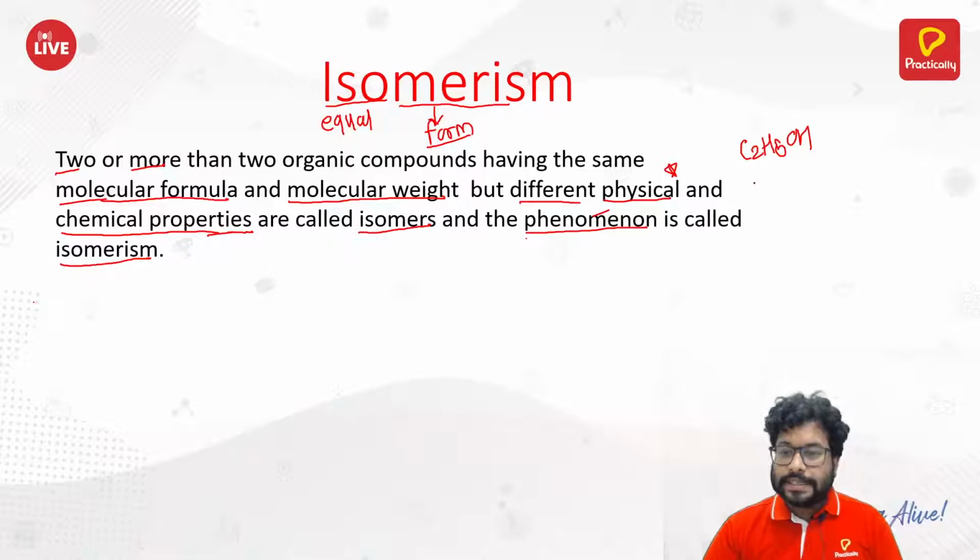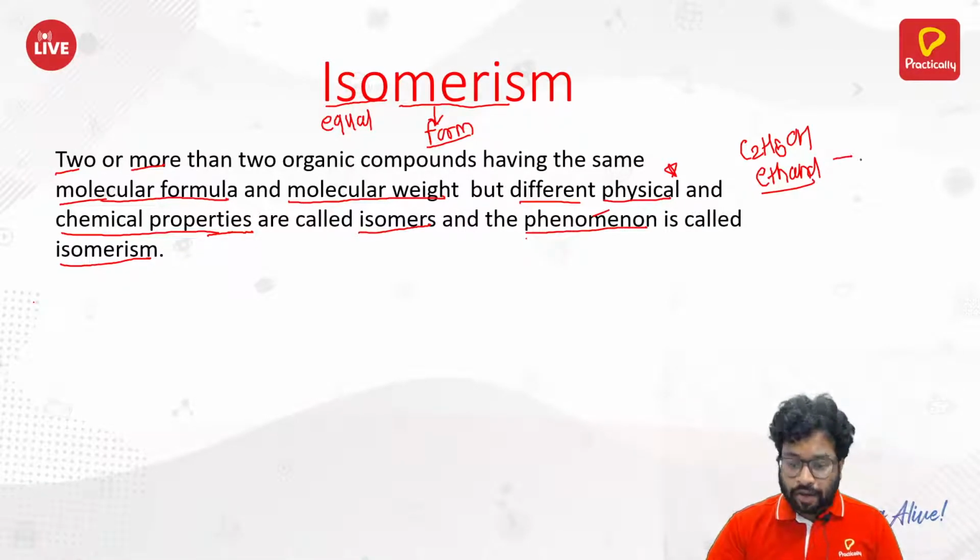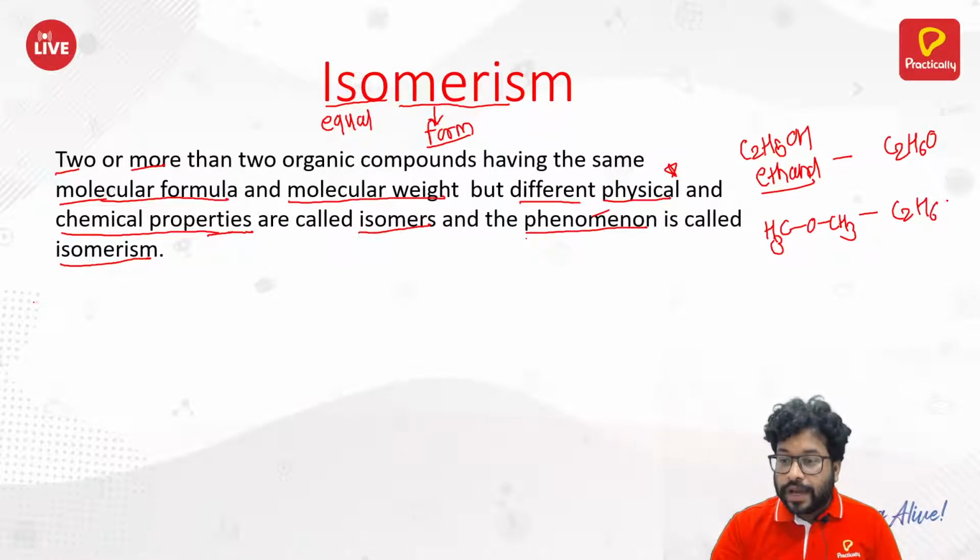What is this? This is ethanol. If you look at its molecular formula, what is it? It is C2H6O. Similarly, you have one more compound which has the same molecular formula, CH3OCH3. This is also C2H6O.